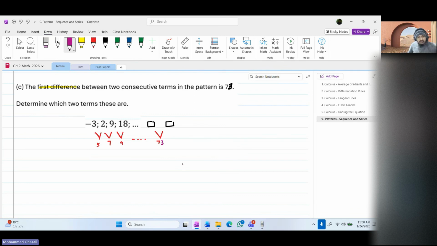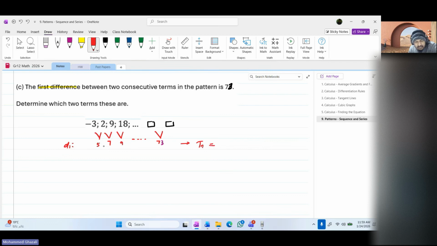Now, determine which two terms these are. Which term of the quadratic pattern is this and this? So clearly, you need to go and find the formula for the first difference. The formula over here is Tn equals, how are you going to find the formula for the first difference?